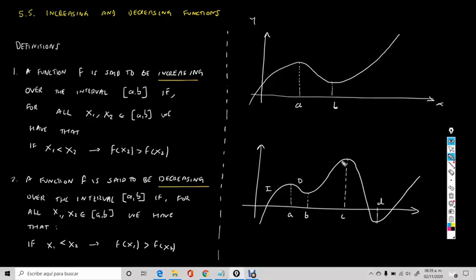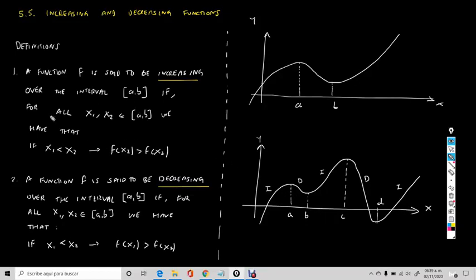From B to C, the function is increasing one more time. And then finally from C to D, the function is decreasing. And now from D to plus infinity, the function is increasing one more time. So you see how it works. It's basically going uphill or going downhill when we move specifically from left to right in the x-axis. Okay, so that's all it means.